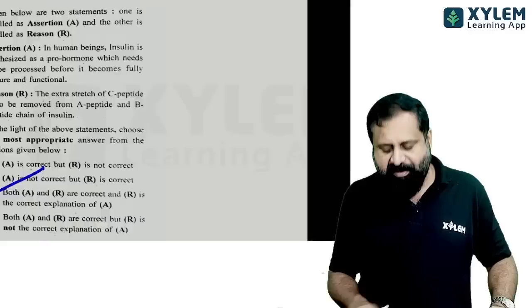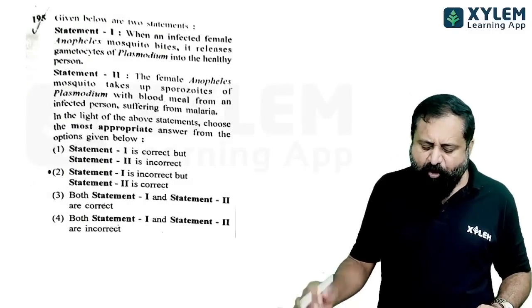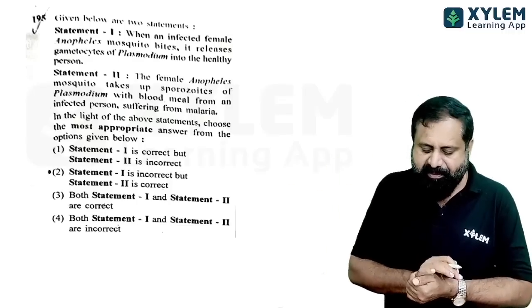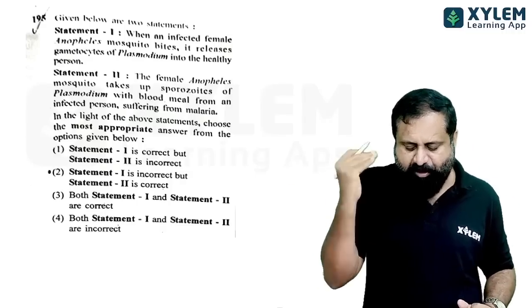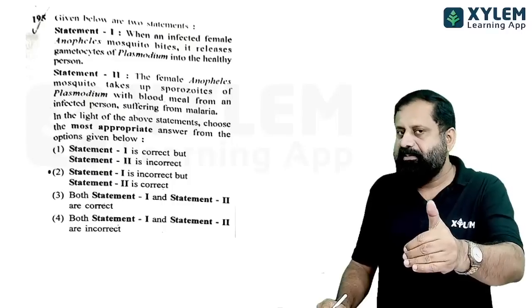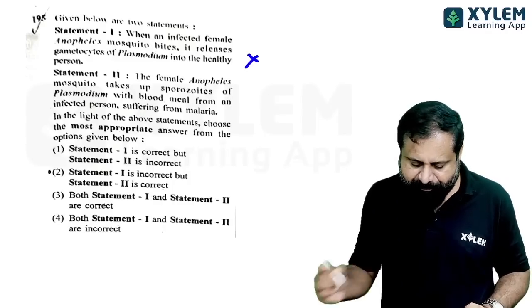194, option 3. 195. Two statements. Statement 1: an infected female Anopheles mosquito, when it bites, releases gametocytes of Plasmodium into a healthy person. No, it delivers sporozoites. So this statement is wrong.